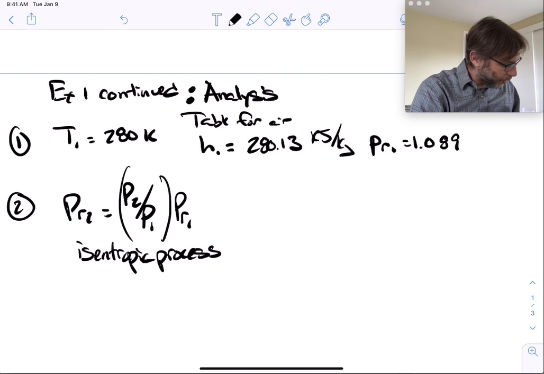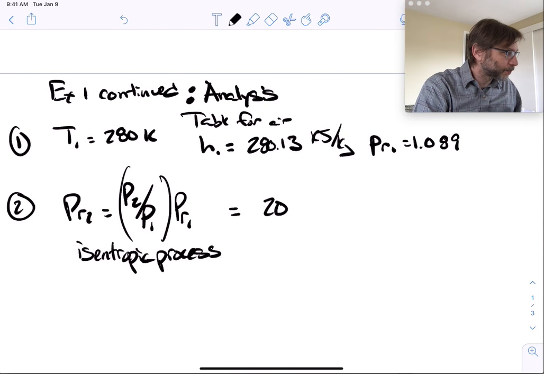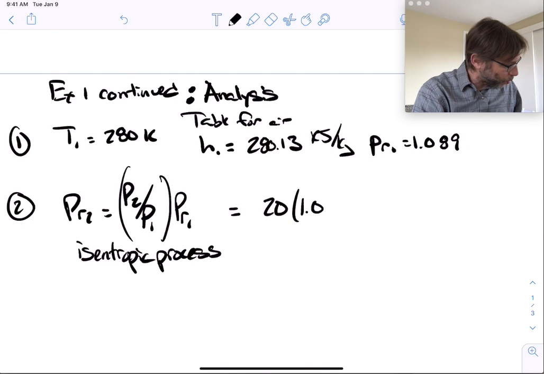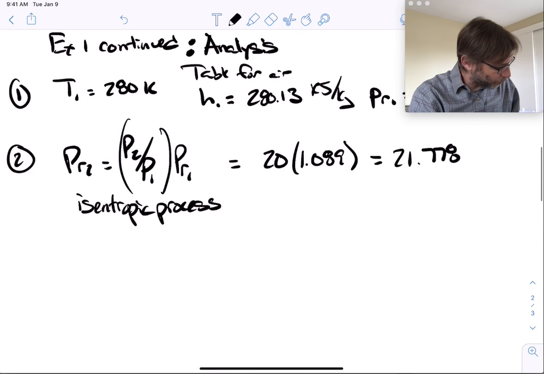So PR2 is equal to 20, because the pressure ratio is 20, times PR1, which we say is 1.089, which is equal to 21.778.